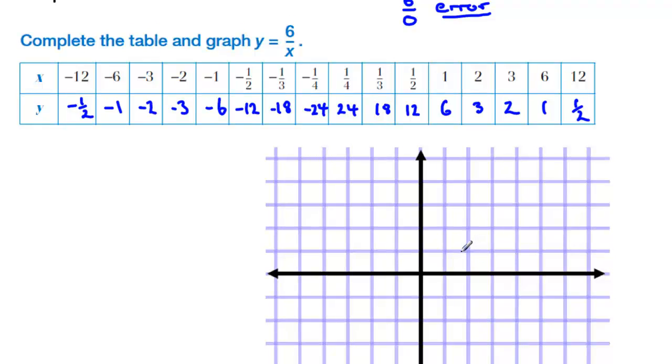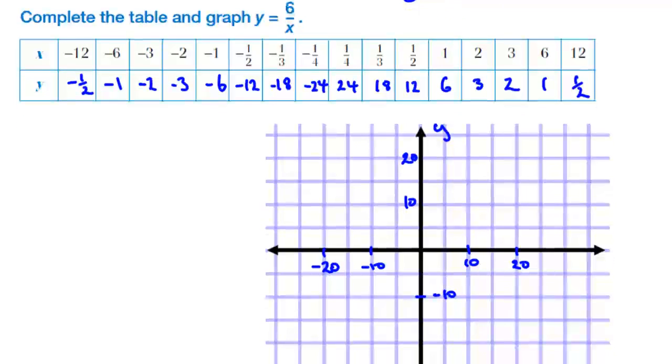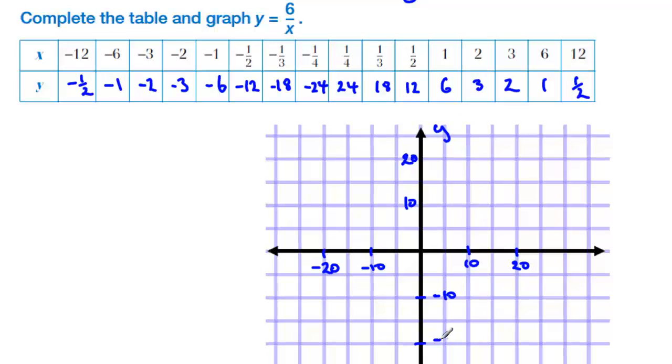So let's plot these points. Now, I'm going to just do this very, very roughly, but if I was to put 10 here and 20 here on the y-axis, and do the same along here, 10 and 20 and minus 10 and minus 20, and down here minus 10, and I better push this up a little bit so we've got a bit more room, and minus 20.